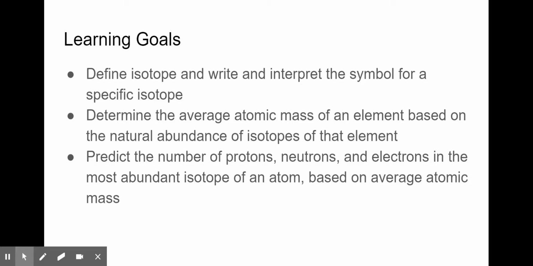Okay, we're also going to be able to determine the average atomic mass of an element based on the natural abundance of the isotopes of that element. And then we are also going to be able to predict the number of protons, neutrons, and electrons that are most abundant in terms of the most abundant isotopes of that atom, given the average atomic mass.